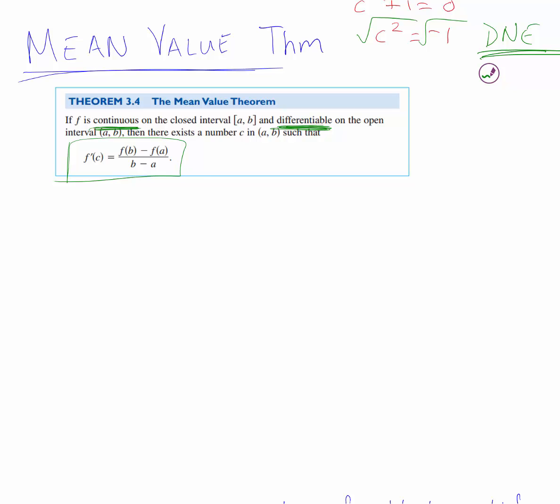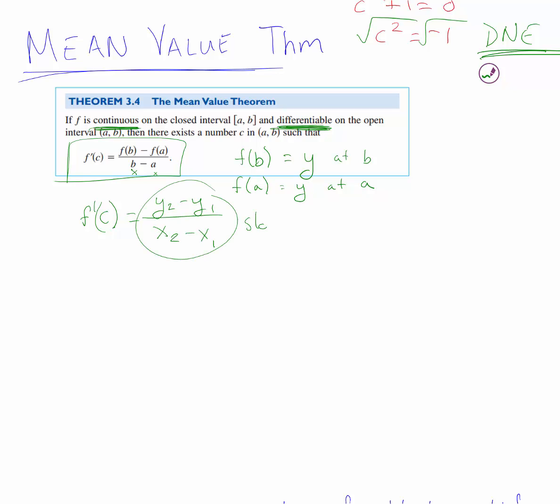And you'll notice, because remember, f of b is like the y value at b, and f of a is like the y value at a, and then that's the x at a and the x at b. So really this is saying there's an f prime of c where we have y2 minus y1 over x2 minus x1, which is slope, right?